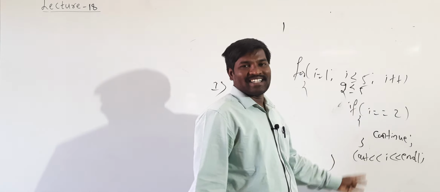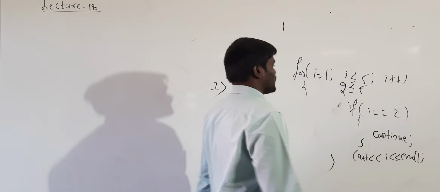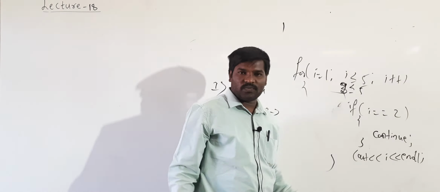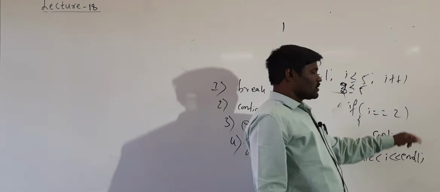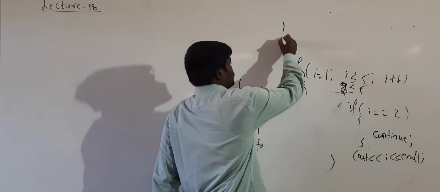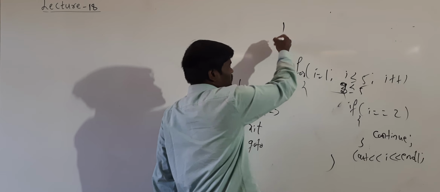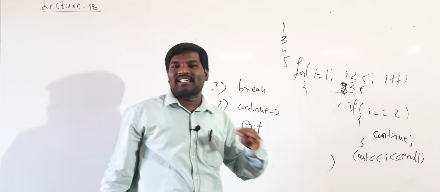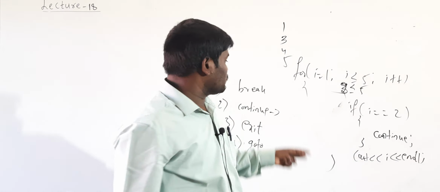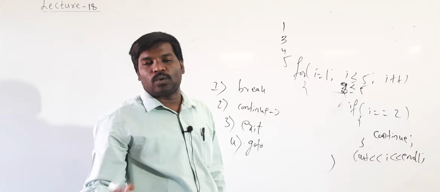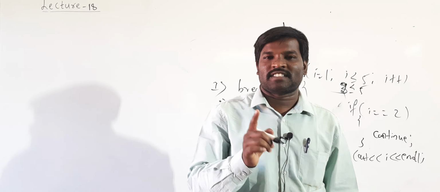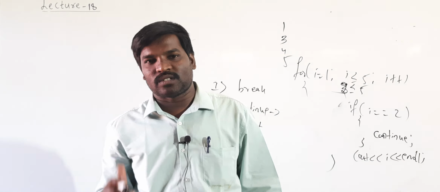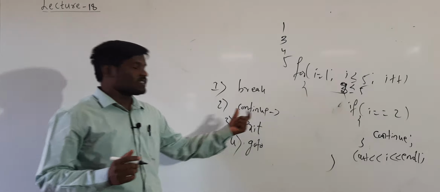It will skip one iteration, directly i will be incremented, i becomes 3. 3 is less than or equal to 5, condition is true. 3 is equal to 2, false, continue will not execute, cout of 3, 4, 5. Break means the entire loop will stop. Continue means it will skip only one iteration, only one number, and the remaining will execute as it is. So that is the difference between break and continue.